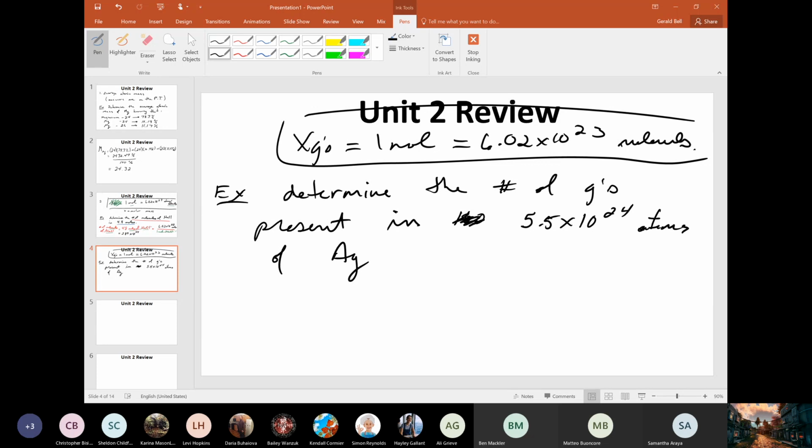So determine the number of grams present in 5.5 times 10 to the 24 atoms of Ag.